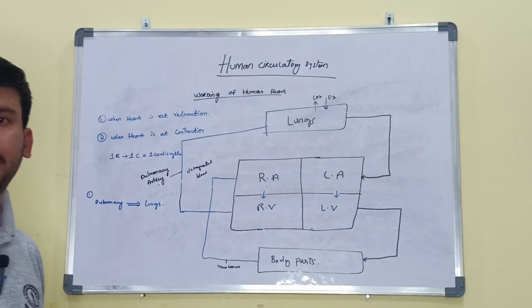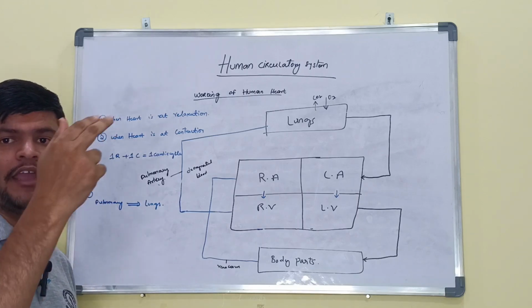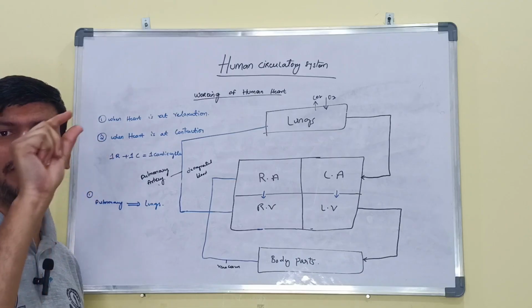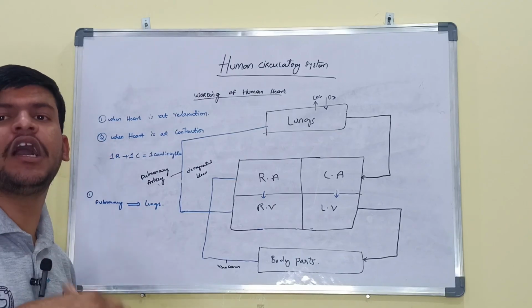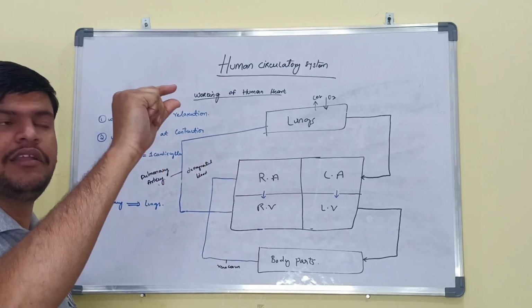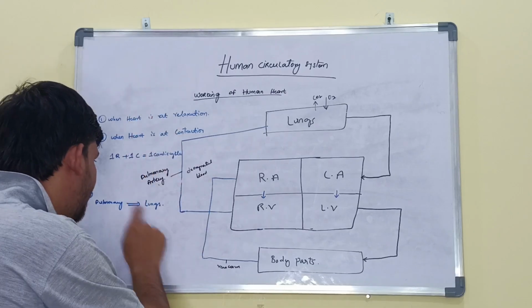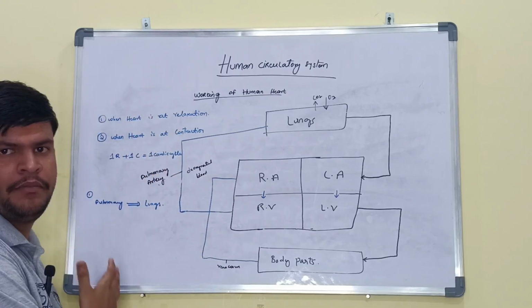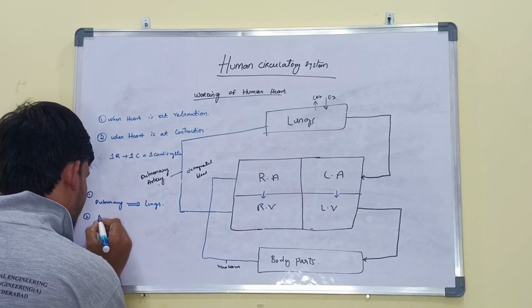When we go to hospital, we can see the doctor's name and below it there will be a degree, and they mention that he is a specialist, cardiologist means he deals with heart. If they mention pulmonologist, then he is an expert in lungs. Second one is renal.